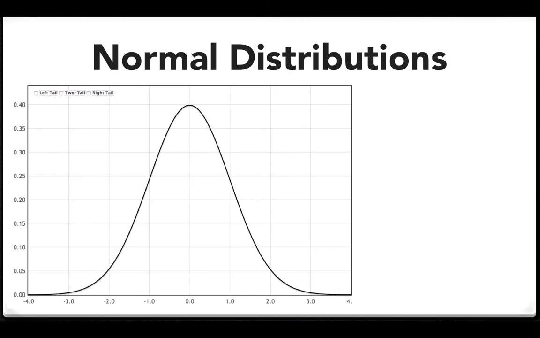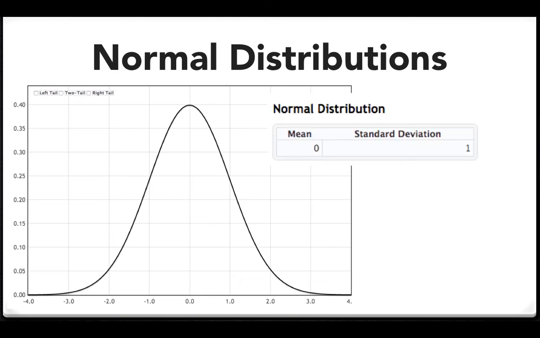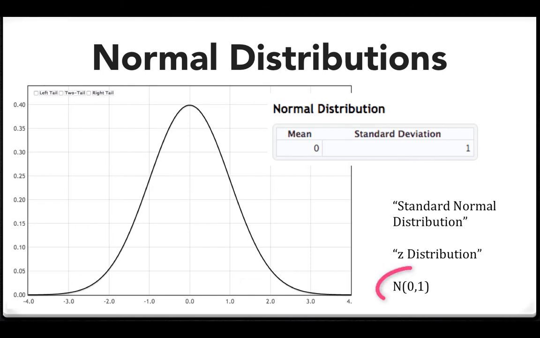The example that we have here is a special case of the normal distribution. This has a mean of 0 and a standard deviation of 1. This is our standard normal distribution, also known as the z distribution. The notation at the bottom here tells us that we have a normal distribution with a mean of 0 and a standard deviation of 1.